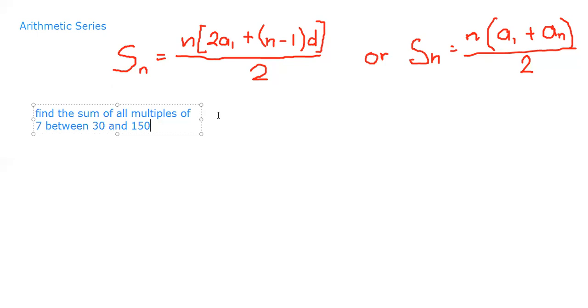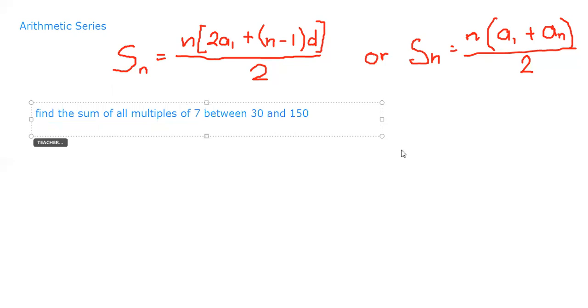So, meron tayong number na 30 up to 150. Then, anong gagawin natin? Hahanapin natin ang multiples ng 7 mula 30 up to 150. So, paano natin malalaman? Kailangan nasa gitna lang daw ng 30 up to 150 yung multiples ng 7. Okay? 30 up to 150.